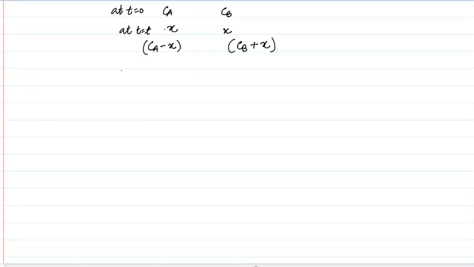Here we will write Ca minus x is equal to, suppose, Ca equilibrium, and Cb plus x will be equal to Cb equilibrium.